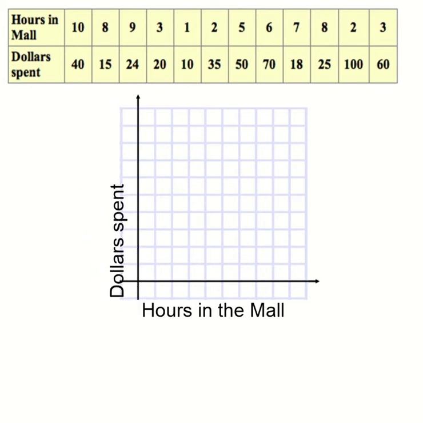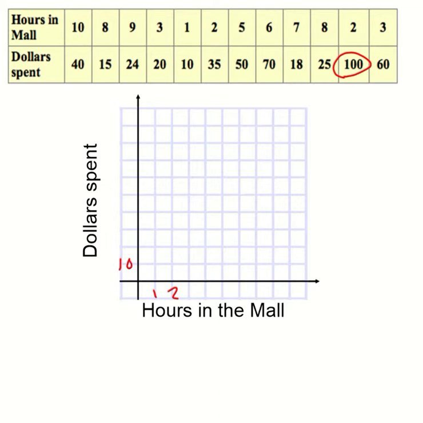Alright. So now that we've got both of those figured out, we can figure out our scales. The hours in the mall only goes up to 10, so we're just going to go by ones. I'm just going to label 1, 2, and then you should be able to figure it out. The dollars spent goes all the way up to 100, so we're going to go up by 10.